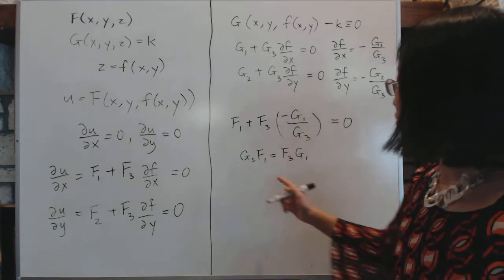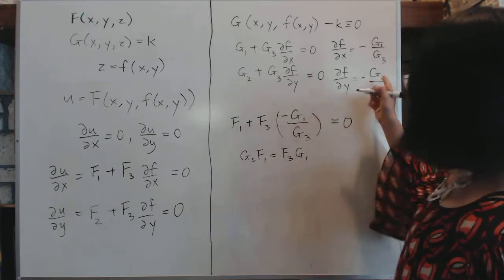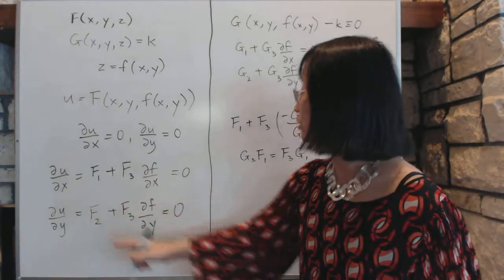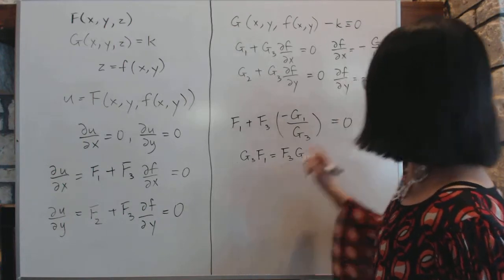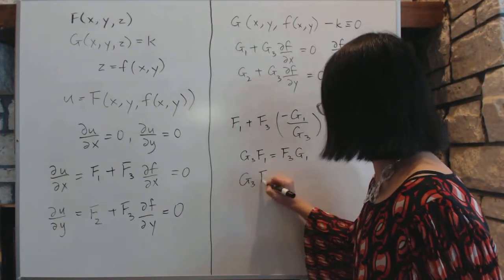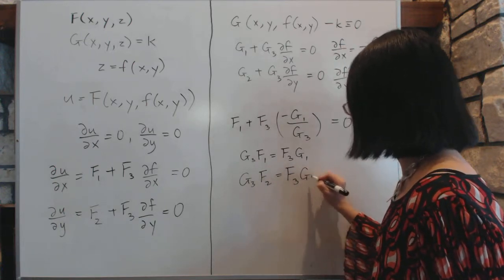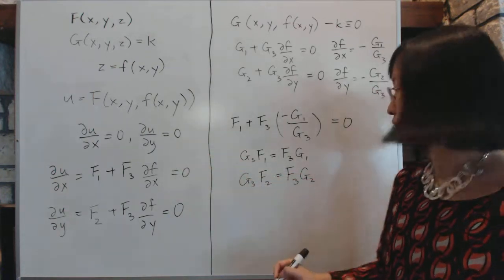And similarly, we can do the same with the other one, just replacing 1 with 2. Everything else is the same. So we get g3 f2 equal to f3 g2.